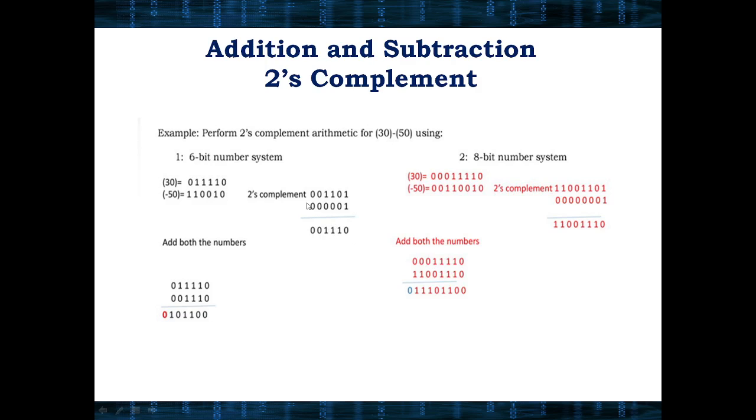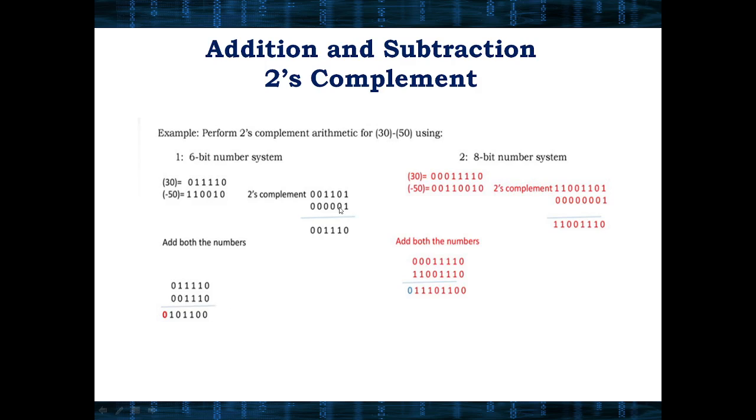Like this you have to perform your 2's complement arithmetic operation. This is how to calculate the 2's complement for minus 50, and you add that to this 30. Here is the calculation, 0 1 1 1 0 is 30, and this is the representation of minus 30.